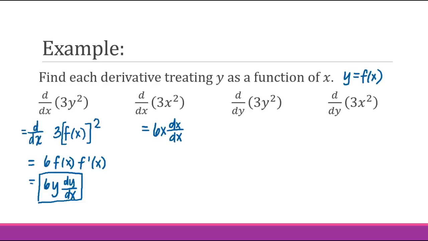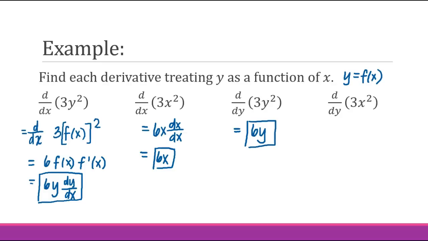Take the derivative of x with respect to x, and dx over dx is 1. So it's just 6x. And taking a look at the next one, the derivative with respect to y of 3y squared, since they're the same variable, again, it's just the derivative sort of as usual. We get 6y. So we don't have to include that additional piece because the variables did match.